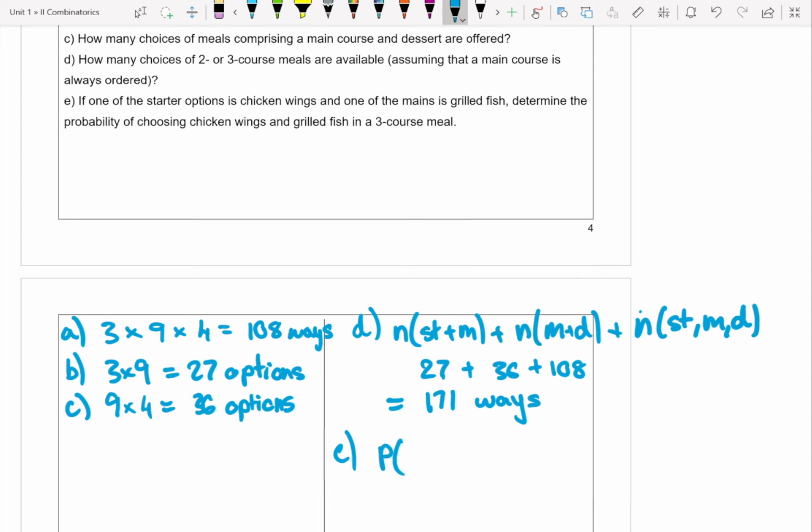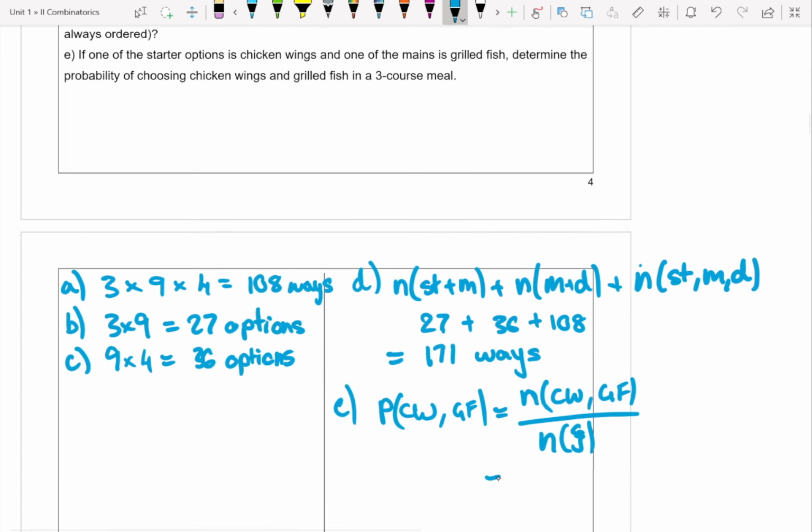So the probability of chicken wings, let's just call it CW, and grilled fish, GF, is going to be the number of options, including those 2, over the entire set. So if it's a 3-course meal, our denominator is going to be 108, but we have to determine what is this number of chicken wings and grilled fish.